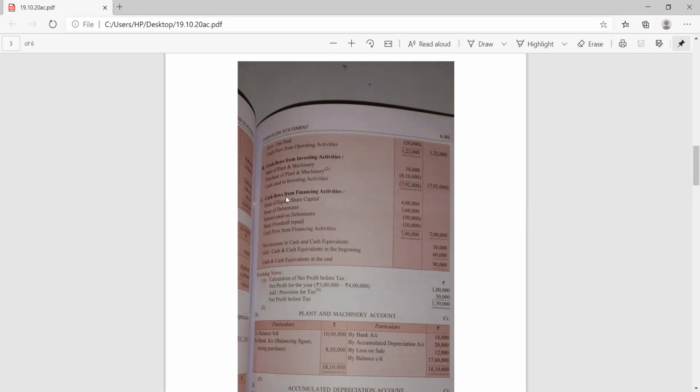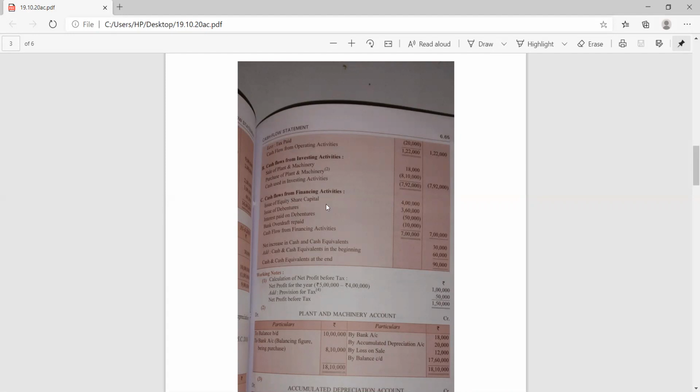Financing activities are all those activities which are related to our finance: all the proceeds from the issue of share capital or debentures or raising of a loan, as well as repayment or redemption of share capital, debentures or loans. Whatever interest or dividend is paid is also shown here. So the issue of share capital, you will get this difference from the balance sheet.